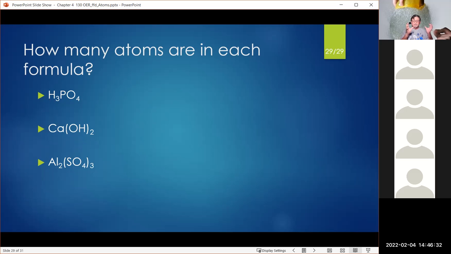Note the parentheses. That means in the parentheses, we have one of these polyatomic ions. And I know it to be hydroxide because I see the parentheses and then OH. How do I know that? Because I've been staring at this screen for many years.